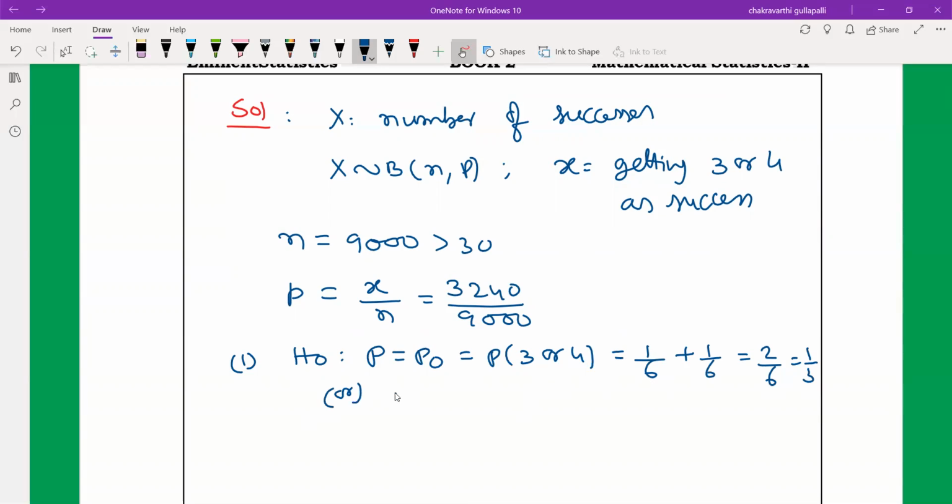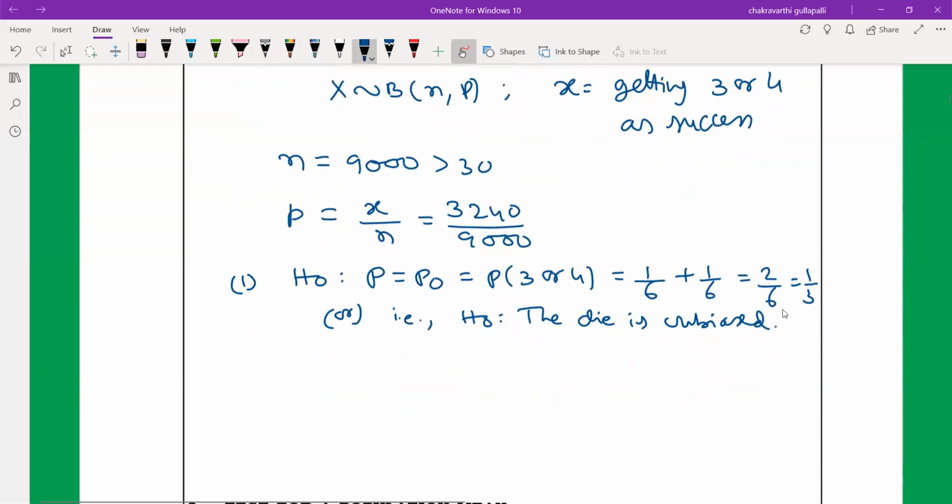Or alternatively, in sentence form, H naught: the die is unbiased. When the die is unbiased, the P naught value is equal to 1 by 3. Alternative hypothesis, H1: P not equal to 1 by 3, the die is biased.